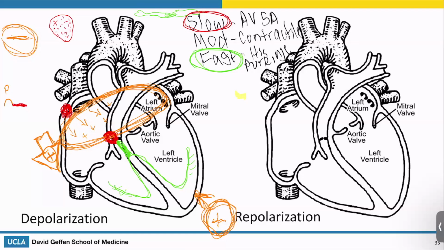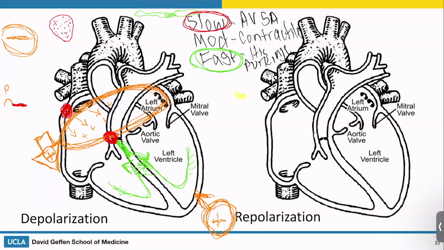The first thing that is going to happen is the impulse is going to come down, and it's going to move down this left bundle first. It's going to spread out through this interventricular fascicle and start depolarizing in this direction.